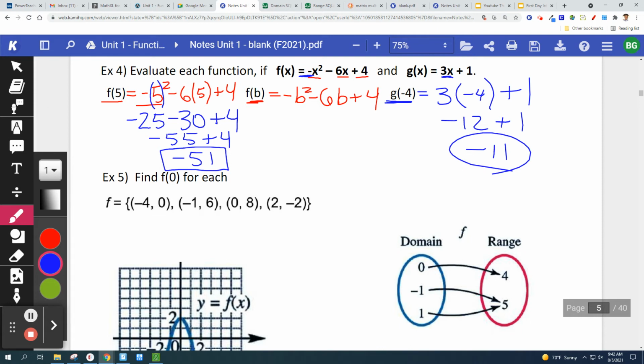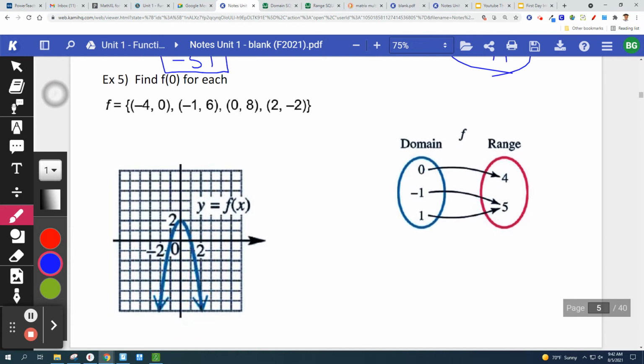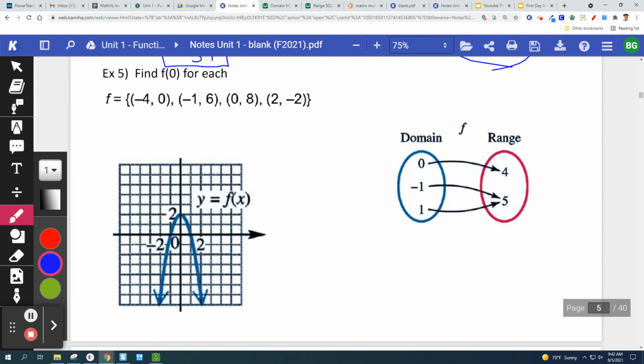Ironically, number 5 is easier to do than number 4, but more people will miss it because it seems confusing. You don't quite understand what you're doing. But finding f of 0 just means that's the x number. The x number is 0, so they're saying, give me the y number. What's y?